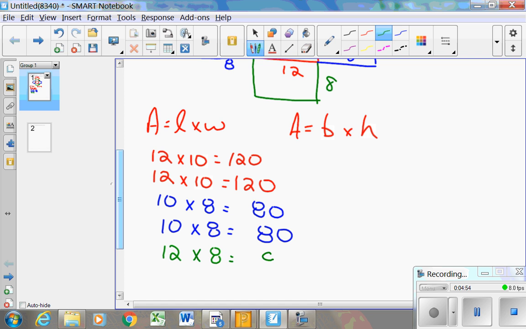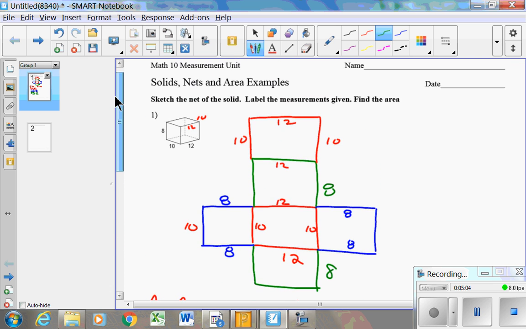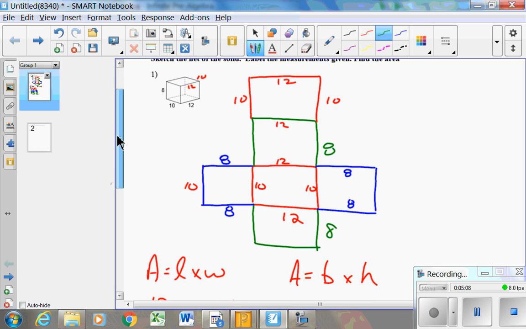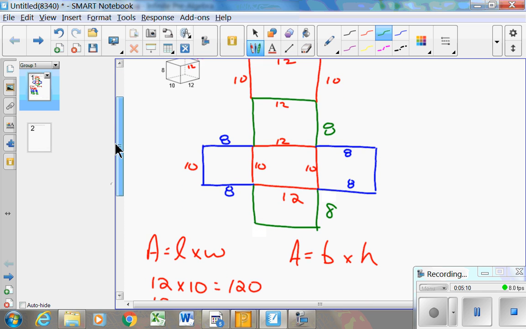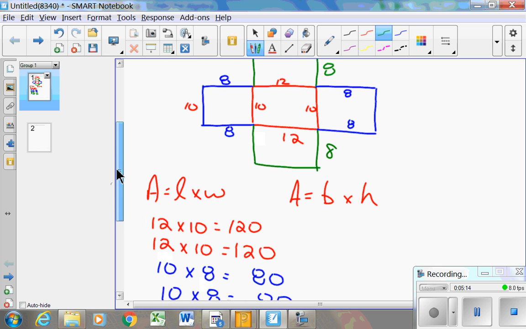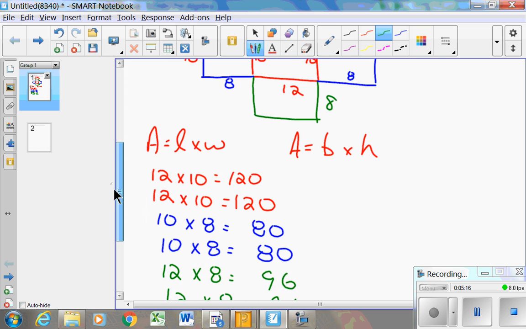So 12 by 8 and 12 by 8. So I have 6 rectangles to find the area for. And each of those is a rectangle, length times width. So I have the top and bottom 12 by 10. I have the front and back 12 by 8. I have the left and right 10 by 8.